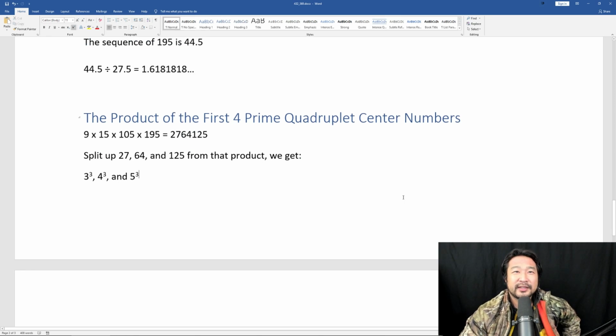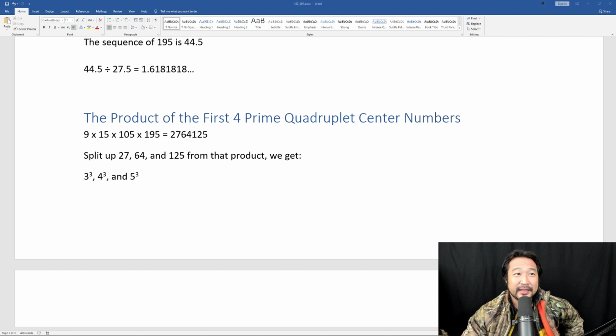Now, the product of the first 4 prime quadruplet center numbers. This is where we start getting a little bit further, and it gets fun, too. Because you play around with different things that, I guess we assume, the people that are manipulating the world to their favor, for their benefit.